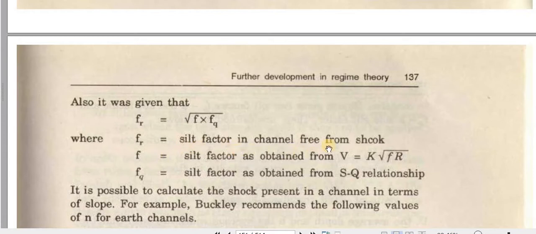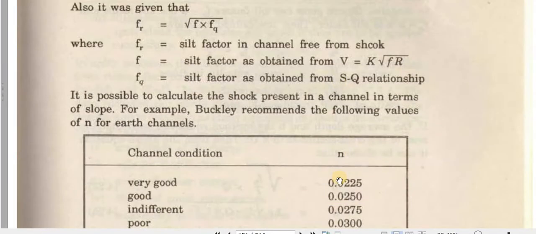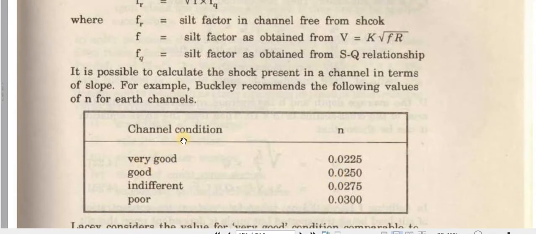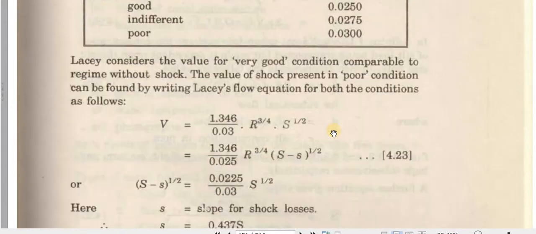Fr is the silt factor in a channel which is free from shock, which is free from irregularities, F silt factor is obtained from the previous equation which we have used, and Fq silt factor is obtained from stage discharge relationships. And here we have channel condition, and here we have values of N, and we can use this equation.